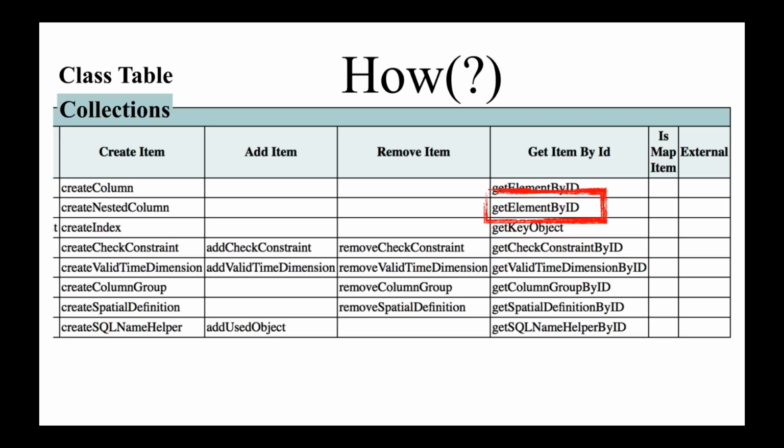And while something like get item by ID is pretty obvious, that you're going to pass an ID value into this method and you should get returned what you're looking for, how exactly do I use add check constraint? I really don't know. Also, these methods break the convention and don't have trailing parentheses behind them, so it's not absolutely clear that these are method calls and not property names.